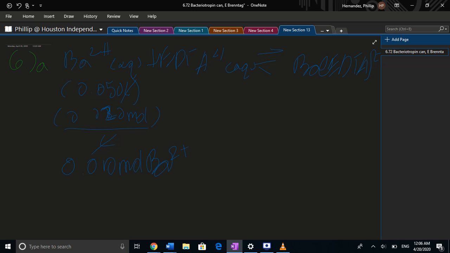When we do the math here for the EDTA, we're going to have 0.015 moles of EDTA 4-.